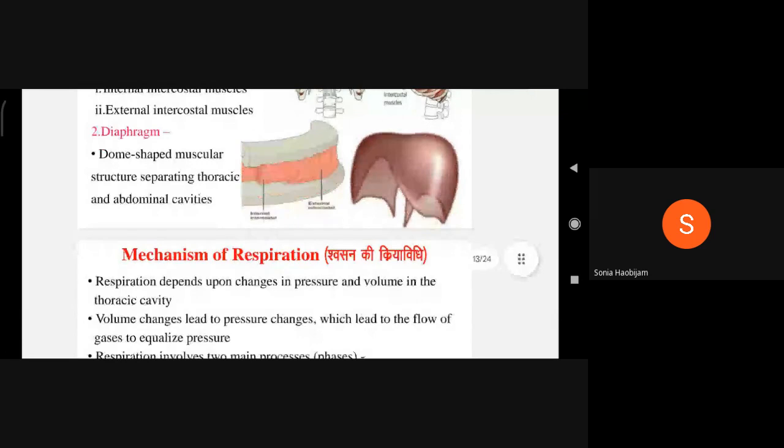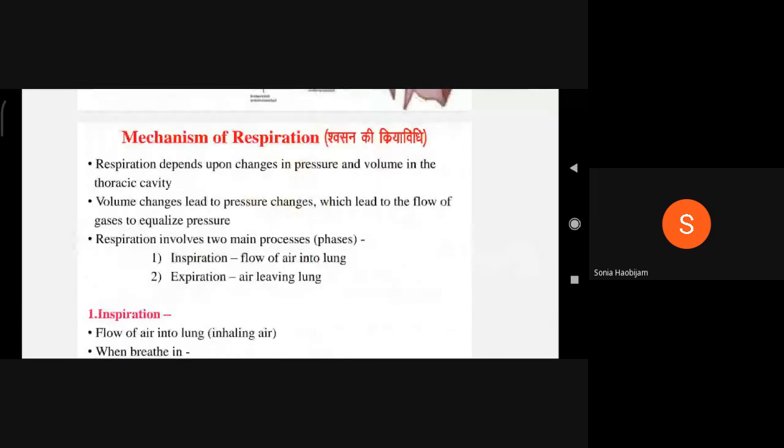Mechanism of respiration now. How we breathe and how we respire. Respiration depends upon changes in pressure and volume in the thoracic cavity.